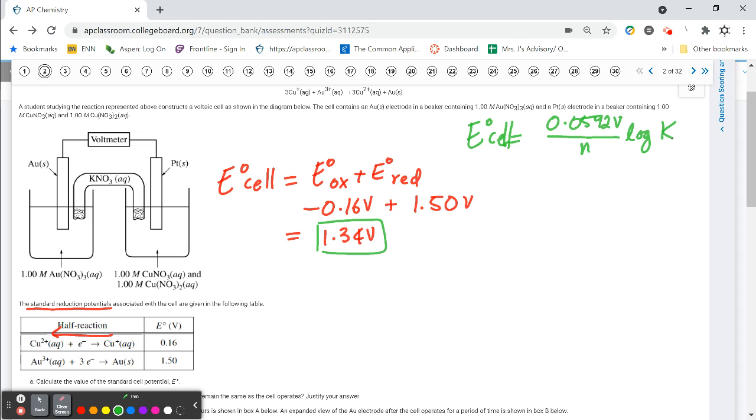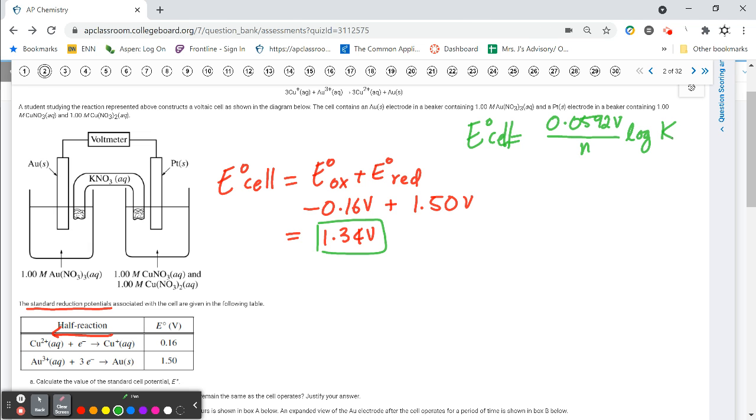So now that you have your E cell, you can just look at the two reduction potential equations, balance those so you can get the correct number of moles of electrons, which is n, and then you can calculate your equilibrium constant.